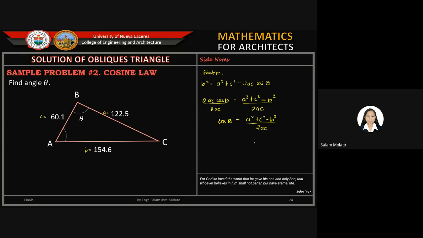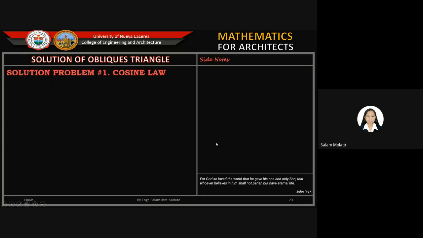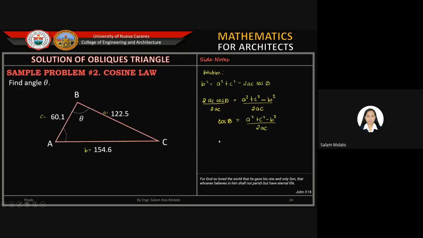We have A, B, and C, so we can compute for cosine B. Since that is an angle, we get the arc cosine. B is equal to cosine negative 1 of A squared plus C squared minus B squared over 2AC.